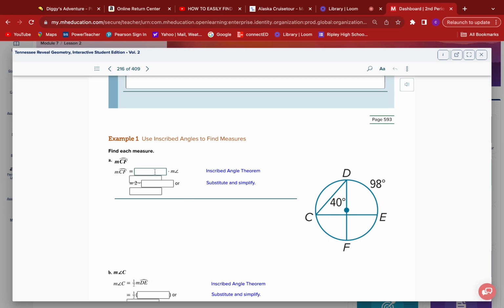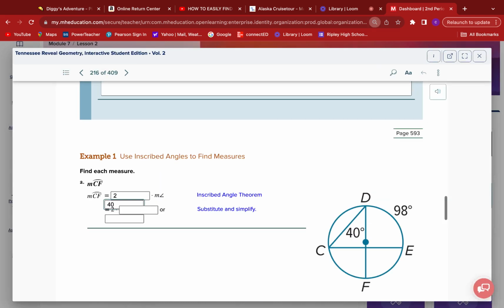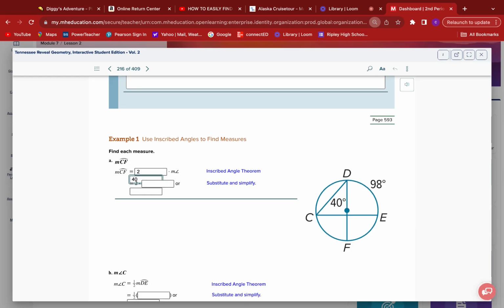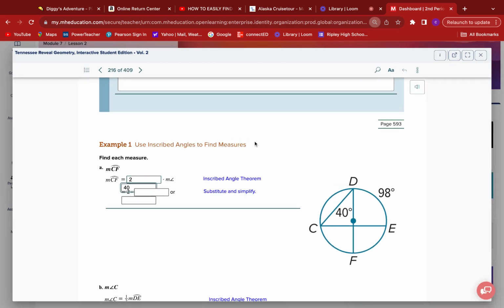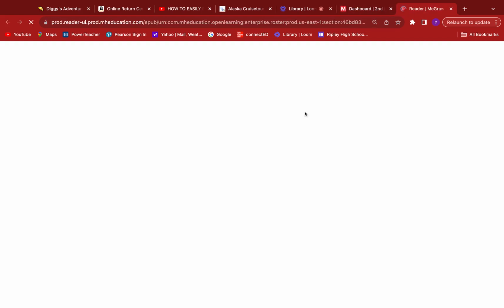So it looks like 2 times 40 degrees. I wish they'd make this easier to see. This is horrible. And no matter what I do, you can't even see it any better. That's a shame. Now, what if I make it into a new tab? Can I see it better?